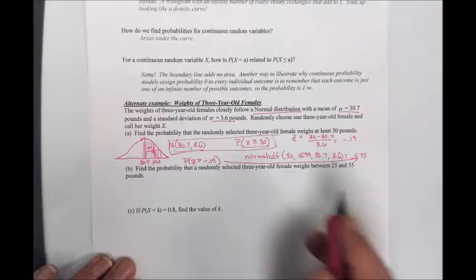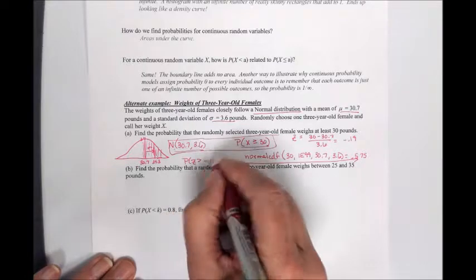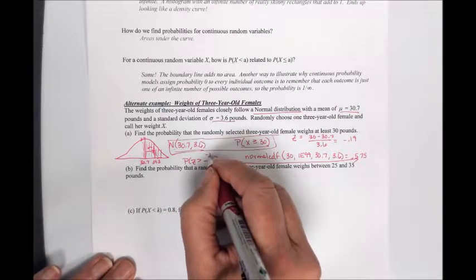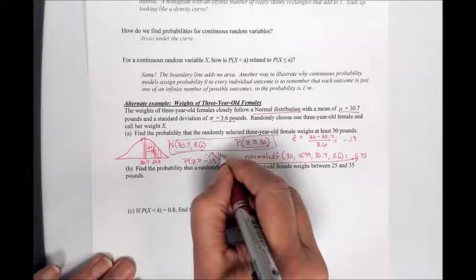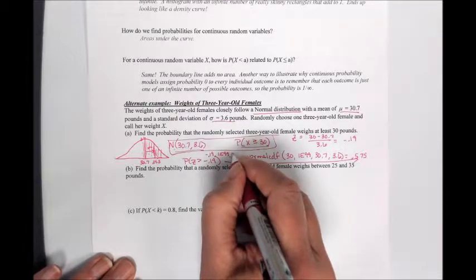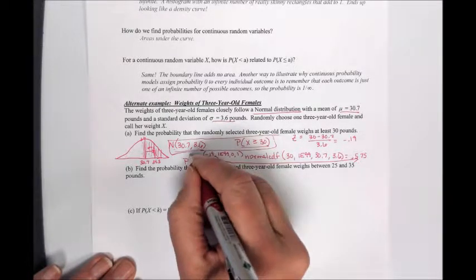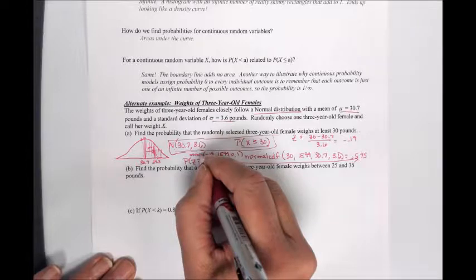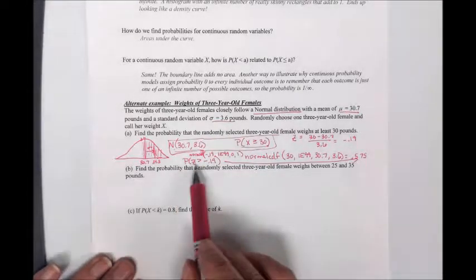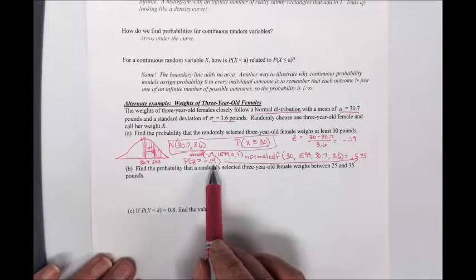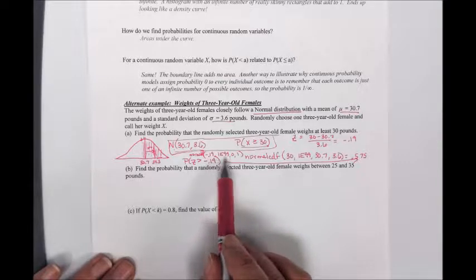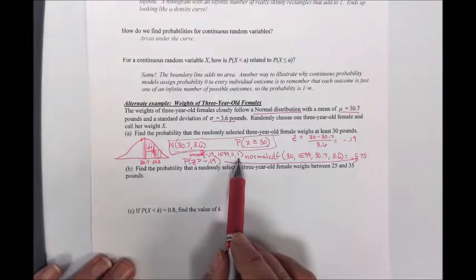So negative 0.19 would have been my lower bound, a big number for my upper bound, mean 0, standard deviation of 1, in the normalcdf.